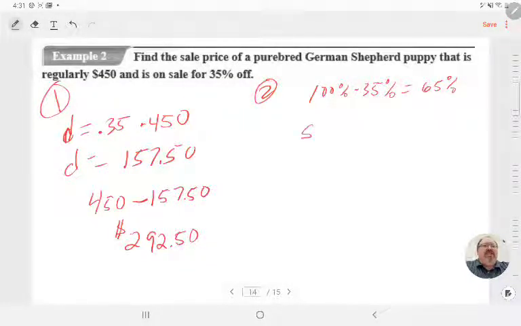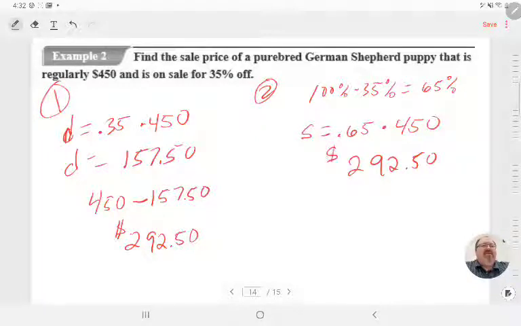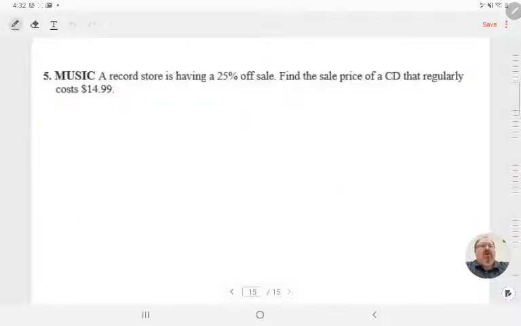So I could just say the selling price equals 0.65 times 450, and that's going to give me 292.5, or $292.50. Okay? All right. You try this last one and see how you do. Come back and check it out.